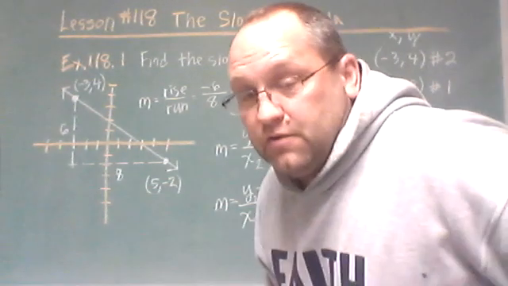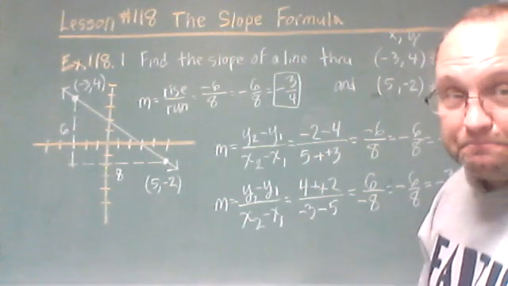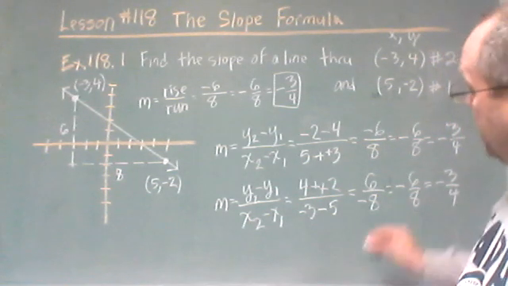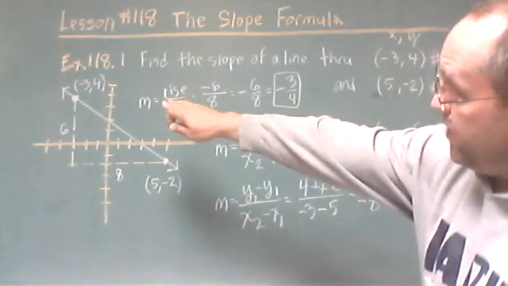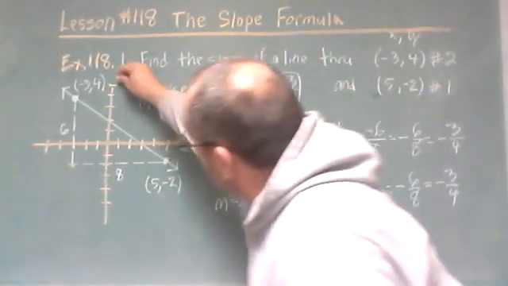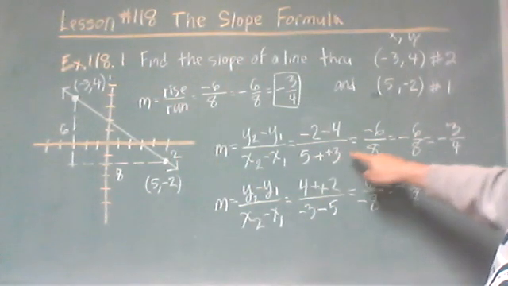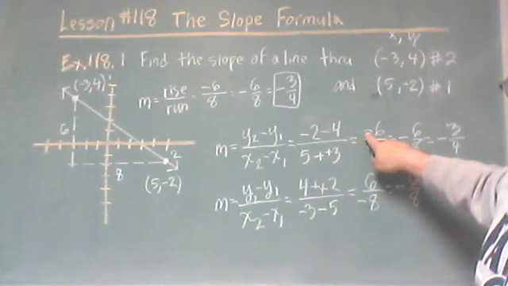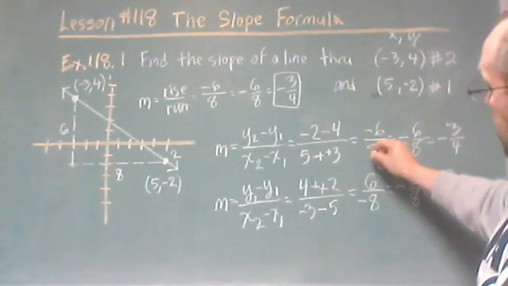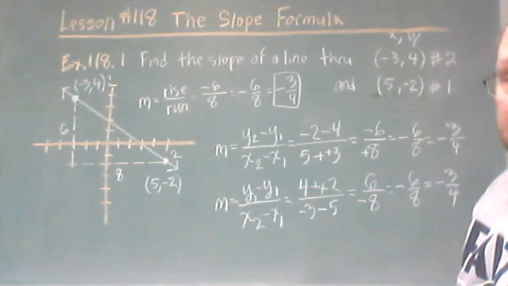And notice what it's doing, why it doesn't matter which point we use, because when we took the furthest left point for point 1, this one for point 1, and this one for point 2, what did it come out? We had the negative ending up in the numerator and a positive in the denominator.